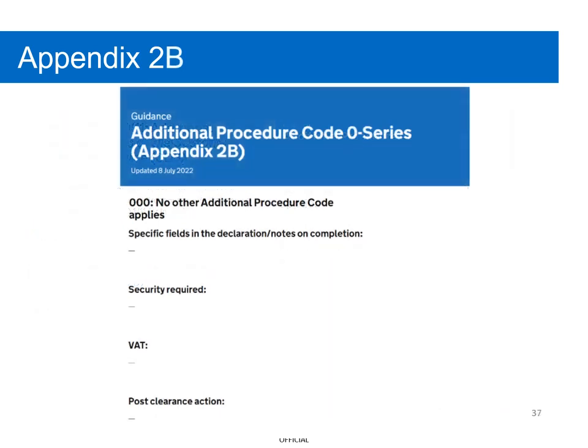As you can see, for Additional Procedure Code 000, there are no extra conditions that need to be met. Therefore, Hallie doesn't need to include anything from this appendix. It's important to note that other additional procedure codes might require specific fields to be completed, laid out in the same format as Appendix 1.